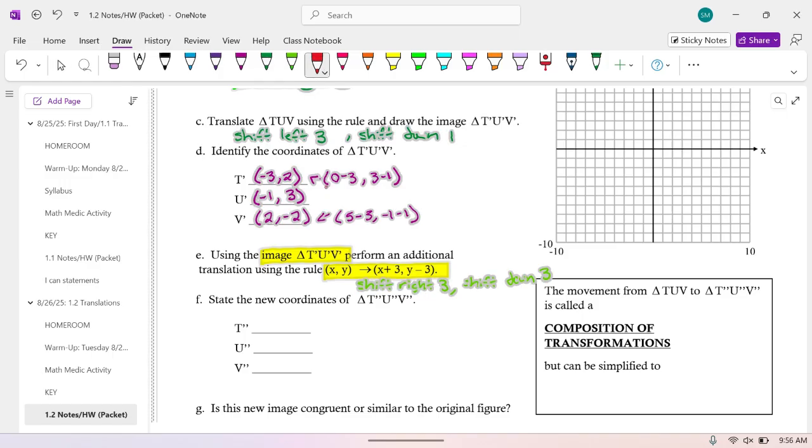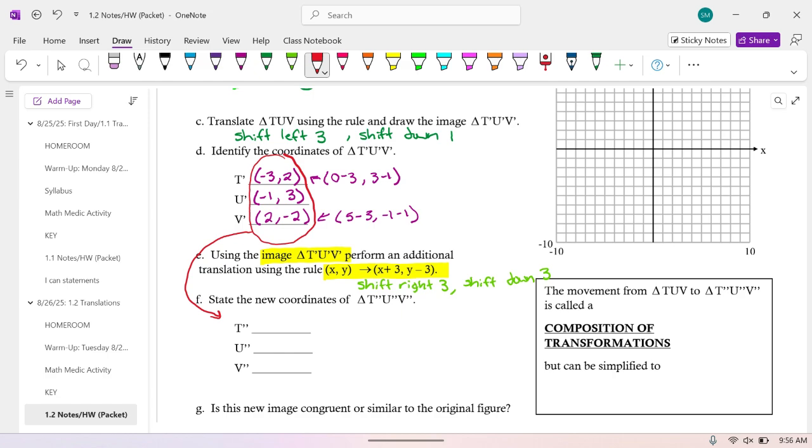So we have our new points up here to play with. We're going to use our prime points to find what we call double prime. So these are all known as double prime. That's how you would say it. So T double prime, U double prime, V double prime. So take a minute and figure out the new points using that rule.